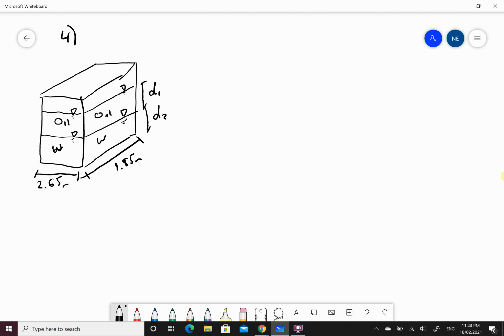But what I'm given in the question is V of the water, so my volume of the water is 5.48 meters cubed. I'm also given the volume of the oil, which is 1.99 meters cubed. I'm given that the RD of the oil is 0.866.